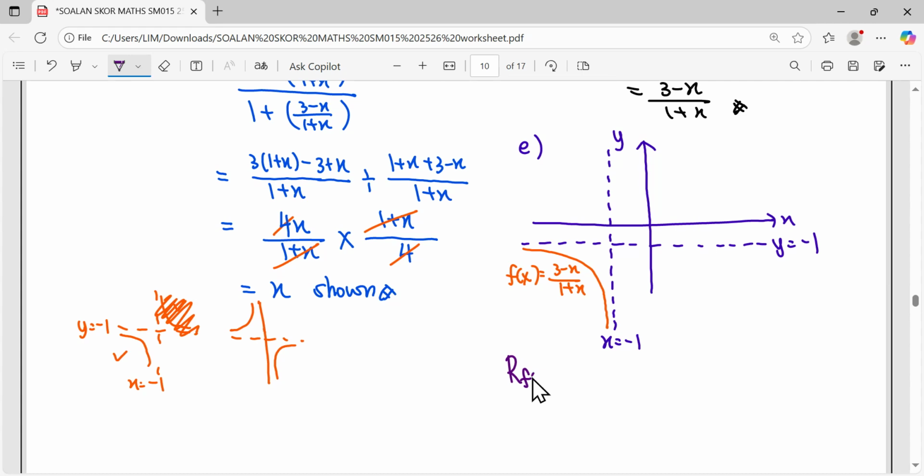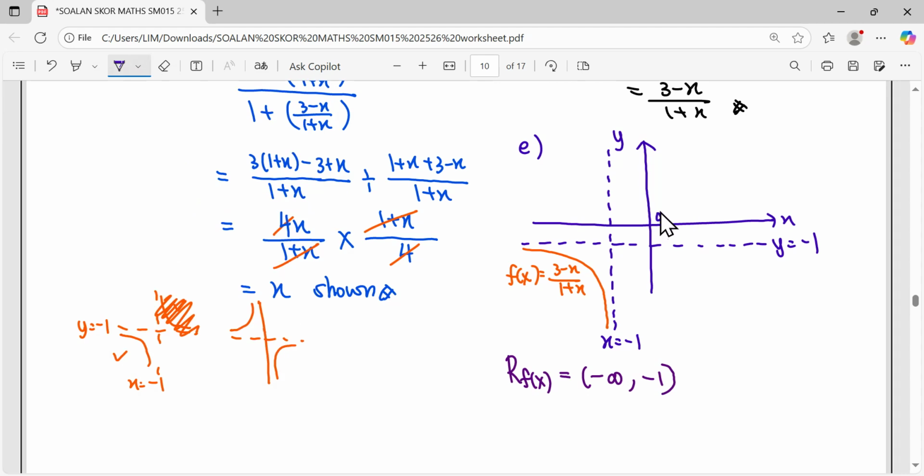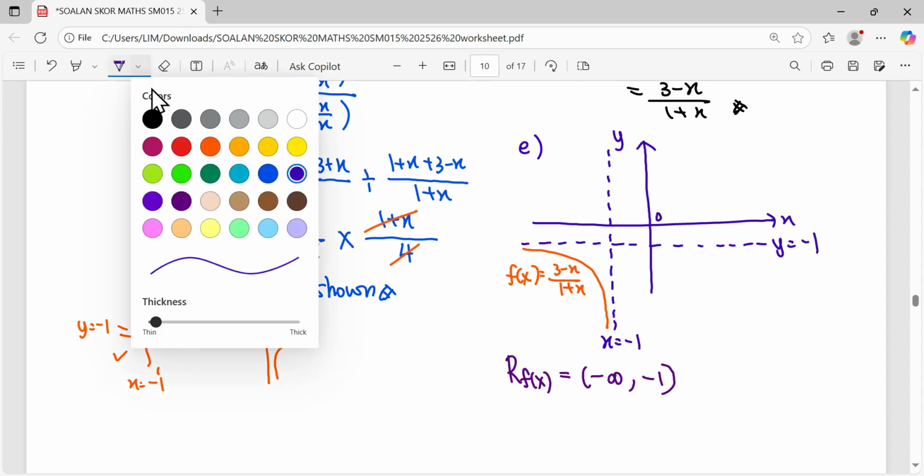So from here we can show that the range, we observe it from the bottom. We start from -infinity going up until the horizontal asymptote here, which is -1. So it won't touch the horizontal asymptote, it will be an open bracket.